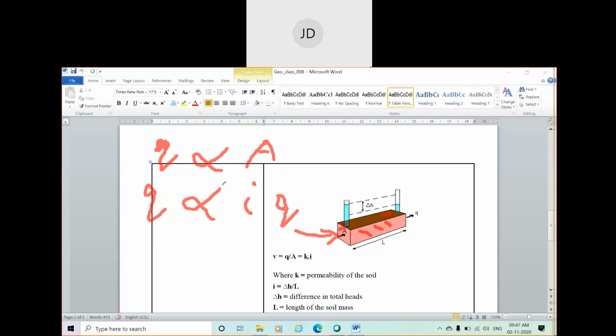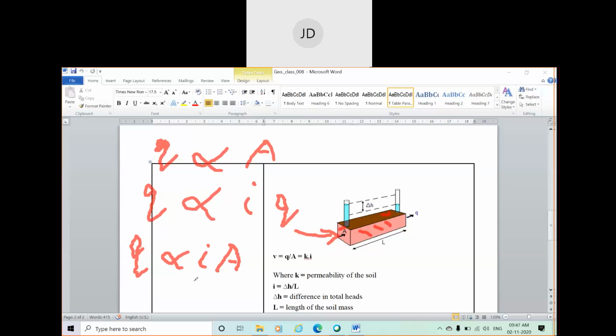Now we can join all this together. We can write Q is proportional to I, sorry, A. We can also write rate of flow is proportional to I into A, where I is the hydraulic gradient and A is the cross-sectional area perpendicular to the flow. Clear?